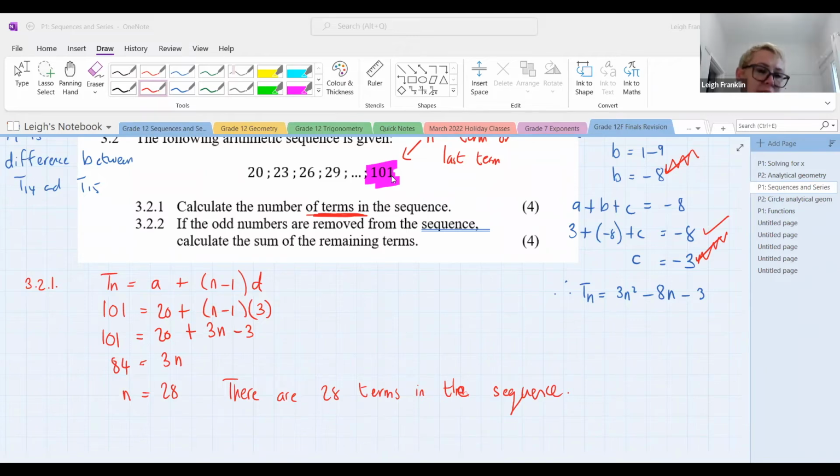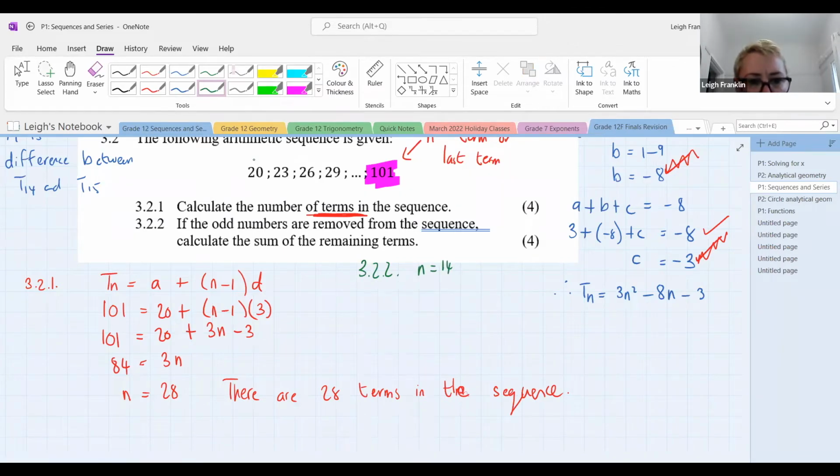We know that there are 28 terms. So that means we have to have 14 even numbers and 14 odd numbers. So before we get started, let's put this down: in 3.2.2, n has to be equal to 14.